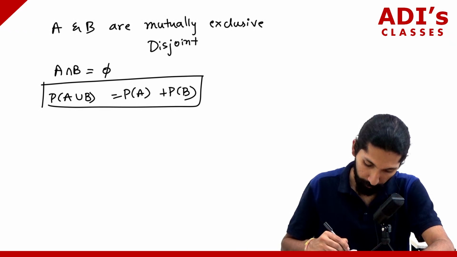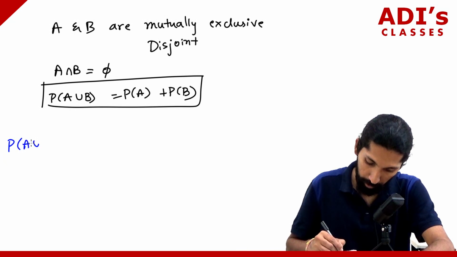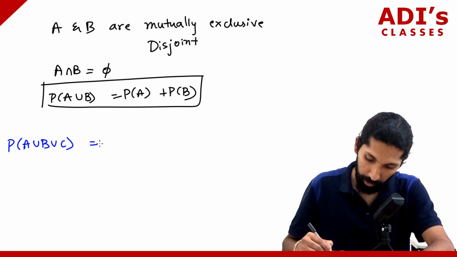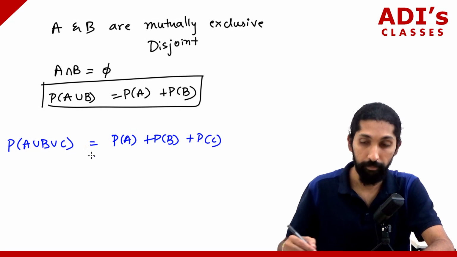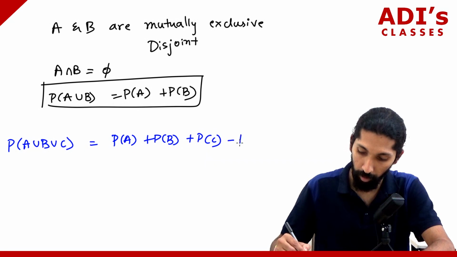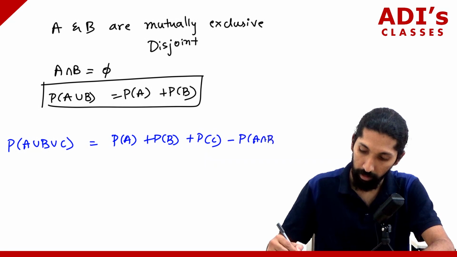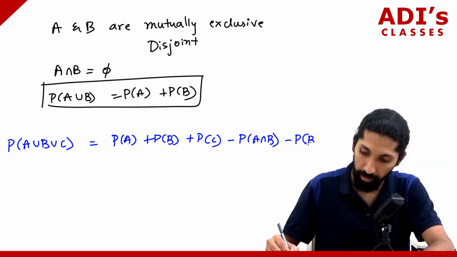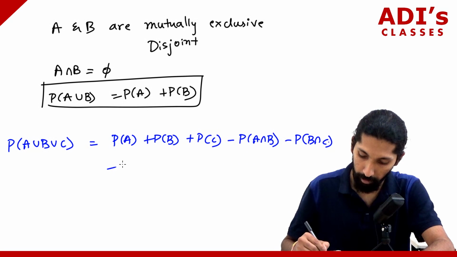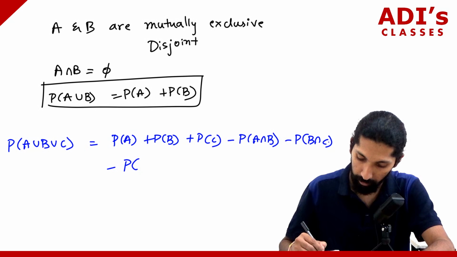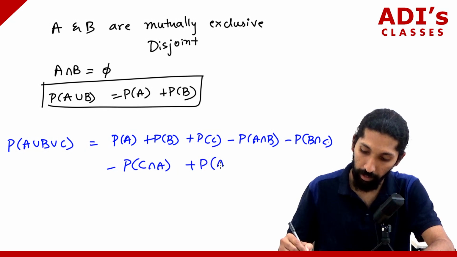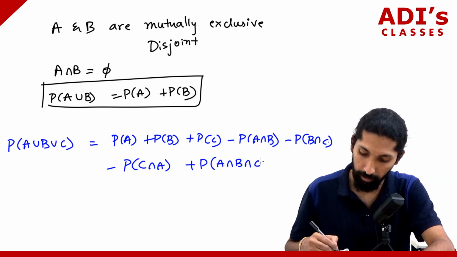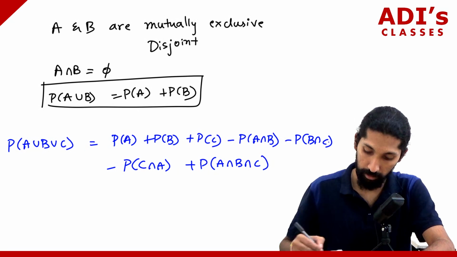P of A union B union C is P of A plus P of B plus P of C, minus P of A intersection B, minus P of B intersection C, minus P of C intersection A, plus P of A intersection B intersection C. This is the formula.